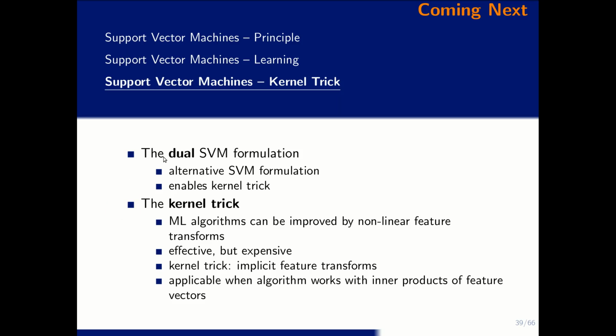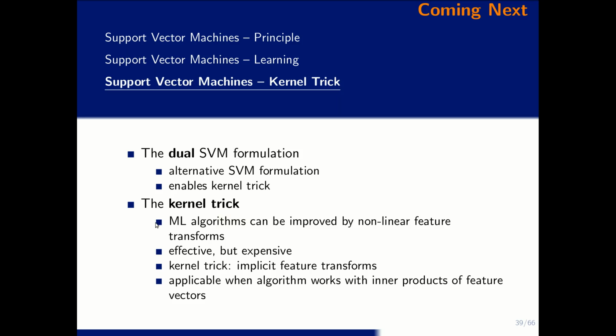The dual SVM formulation is an alternative formulation to what we discussed previously. In particular, this sometimes has advantages over the previous formulation, and it will allow us to use the so-called kernel trick. The kernel trick itself is a pretty general trick, which often allows us to boost machine learning algorithms.